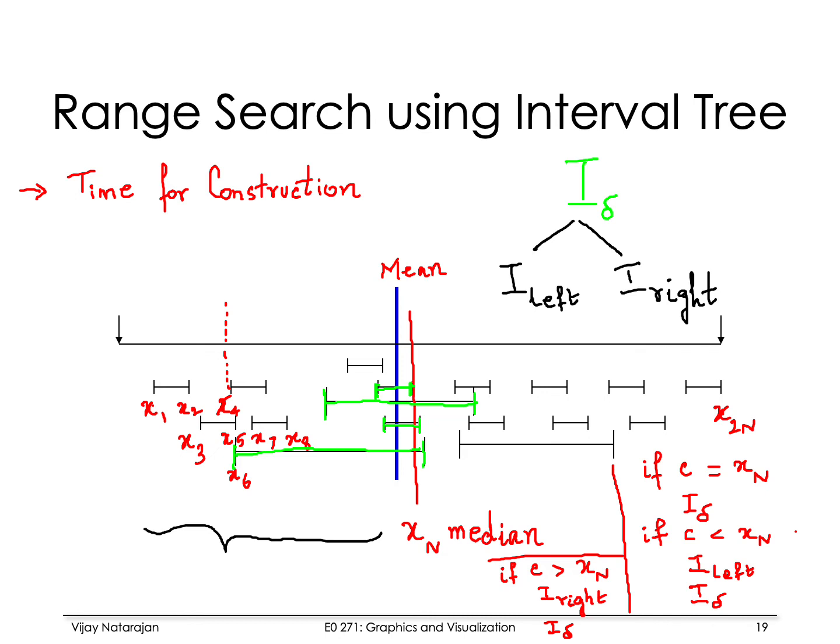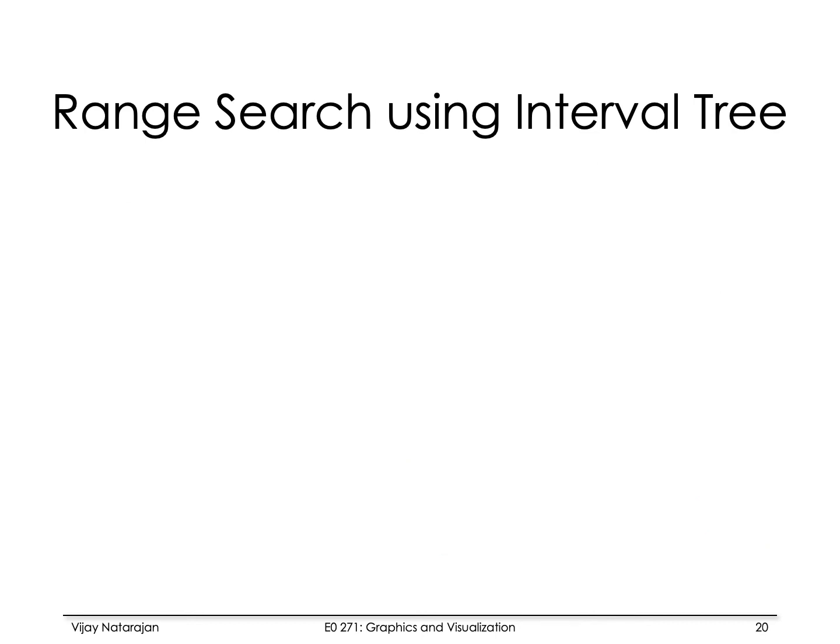Let's look at this procedure again. So what do we have? If C equals x sub n, I said that I need to look at I sub delta.